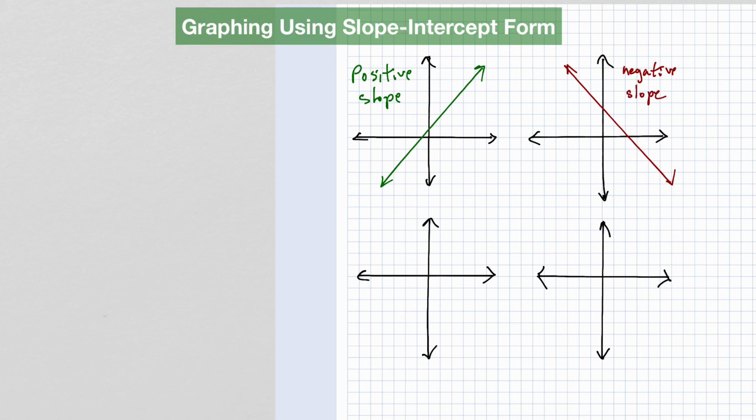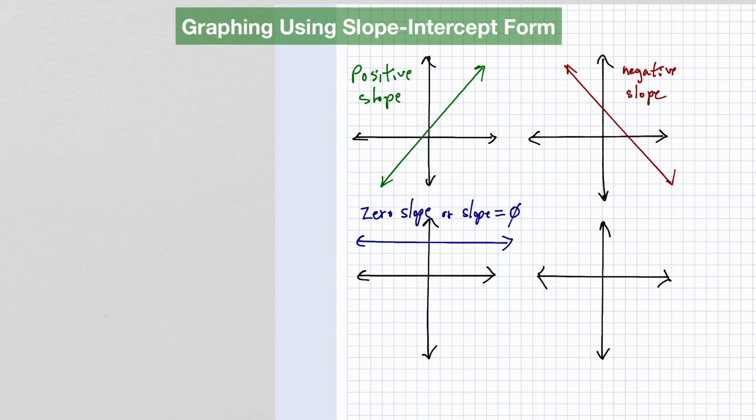Okay. We also have another type of slope. So this blue line, which is horizontal and exactly parallel to the x-axis, this is called a zero slope, or slope is equal to 0.